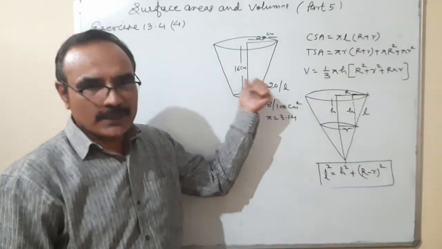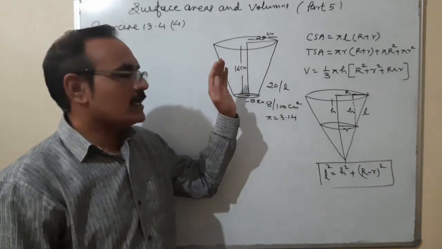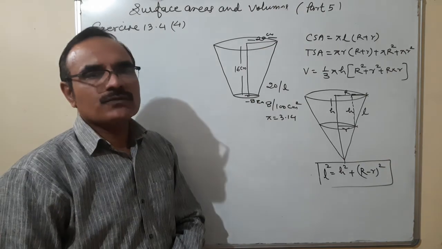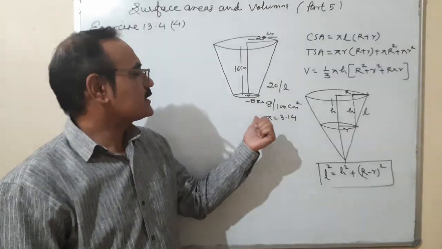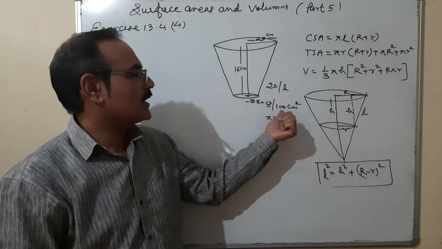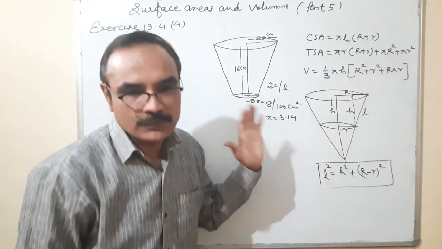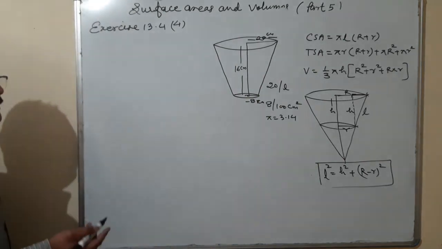So find the cost of the milk, number one. Second, they are asking what is the area of metal sheet which is used for making this container, if the cost of metal sheet is rupees 8 per 100 centimeter square, and use pi is equal to 3.14. Okay, one by one.